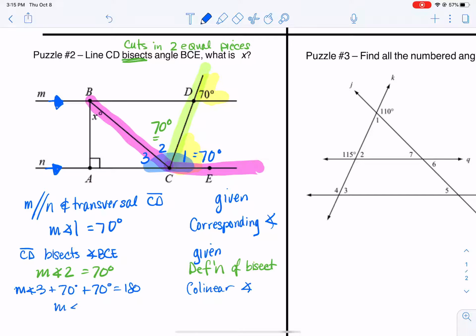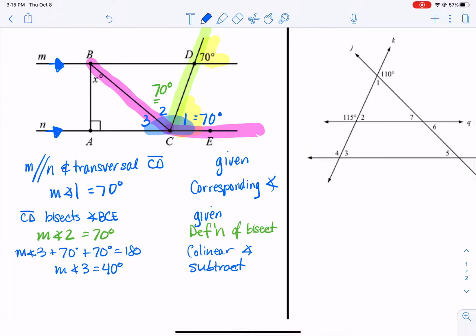That means the measure of angle 3 equals 40 degrees, and I get that from subtraction. So now I know that this is 40.